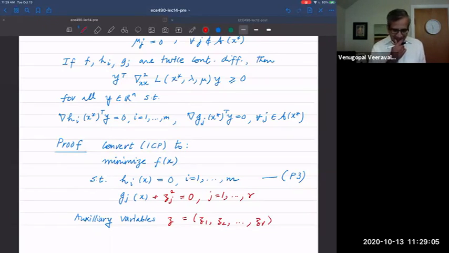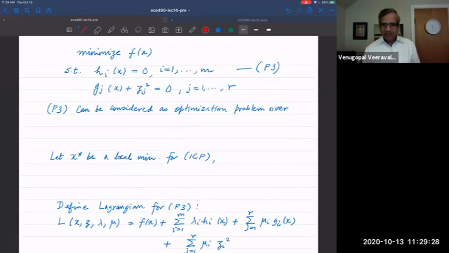Okay, so now this problem, which I'll call P3, is an equality constraint problem, but it involves both X and now these auxiliary variables Z. So over 2 sets of variables, eh? Okay, that's fine. It's still an equality constraint problem.